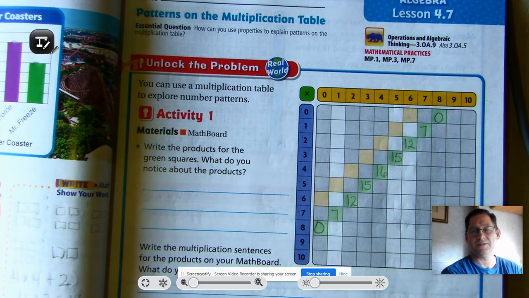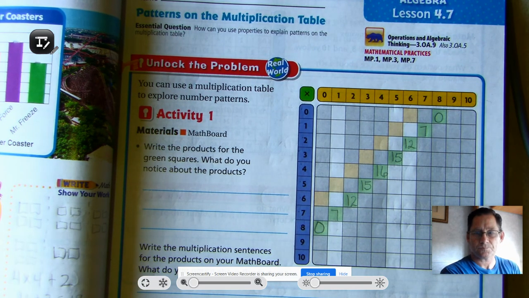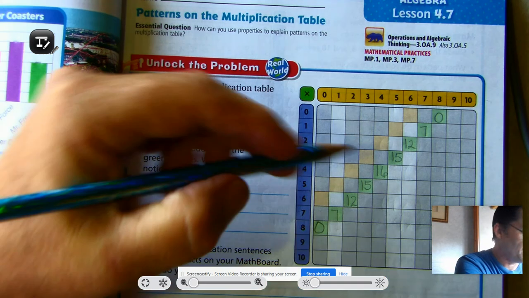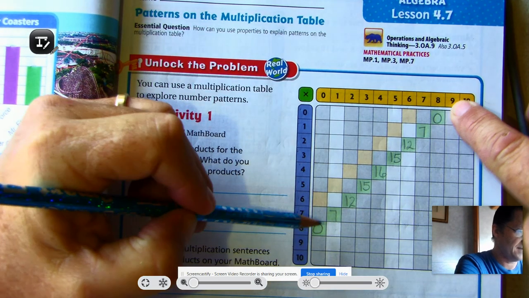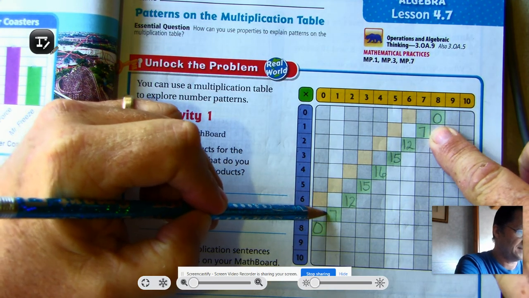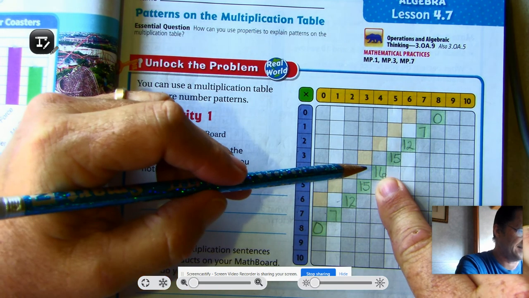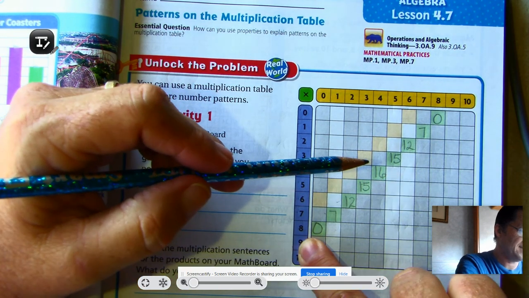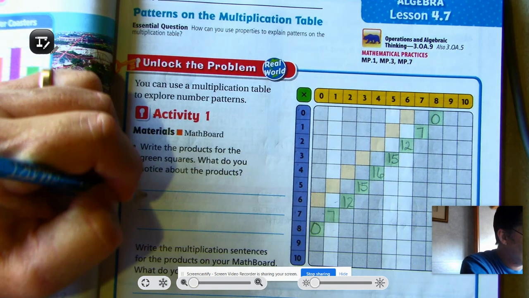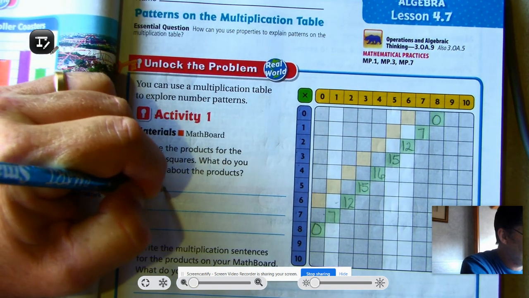What do you notice about the products? Well, I see 2 zeros. I see 2 sevens. I see 2 12s. I see 2 15s, and then a 16. I have 4 on this side, I have 4 on this side. So some of the products are the same.